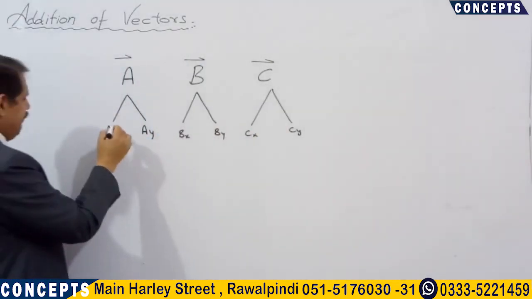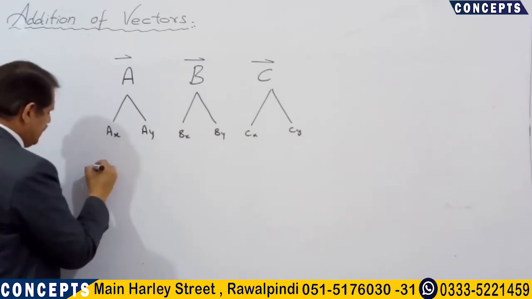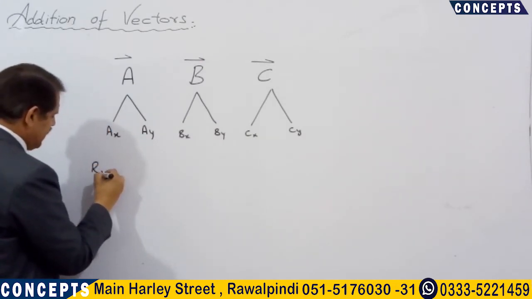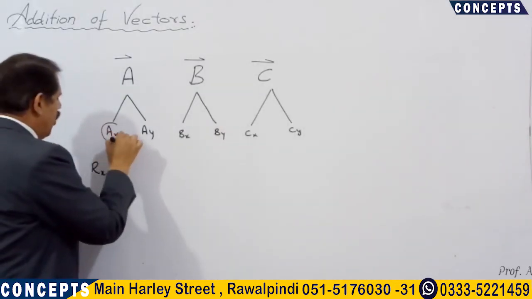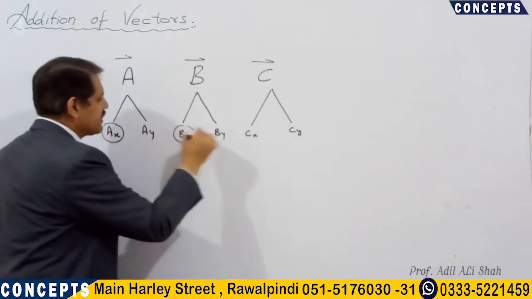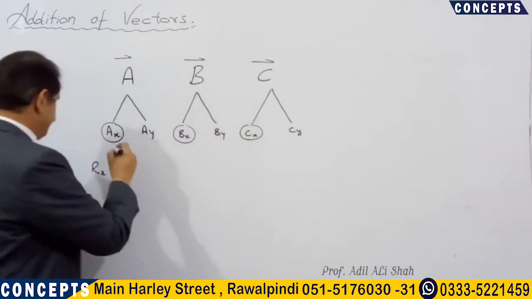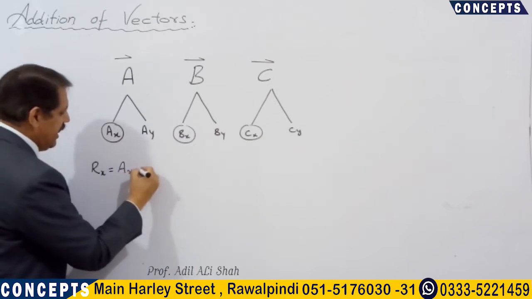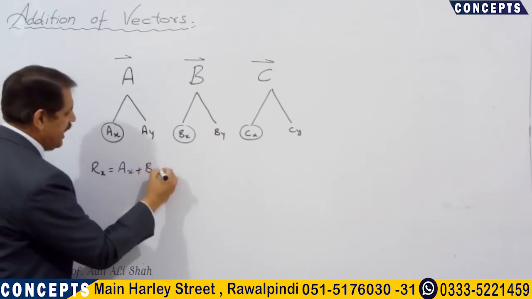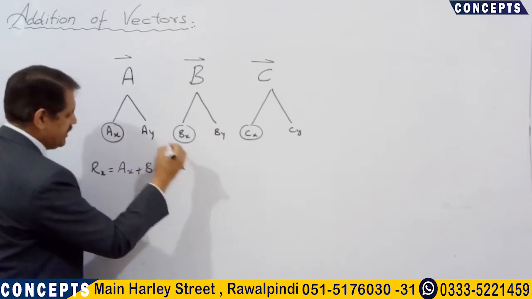In this method, the x component of the resultant vector would be the sum of all x components. It means that Rx would be Ax plus Bx plus Cx.